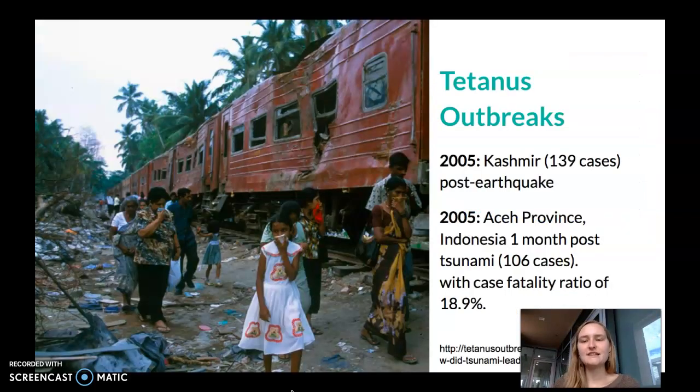The tetanus outbreaks that occurred in Indonesia, as well as Kashmir, and I think there was one I came across with Pakistan, there were only a little bit upwards of 100 cases, but you see they have a high case fatality ratio of 18.9%.